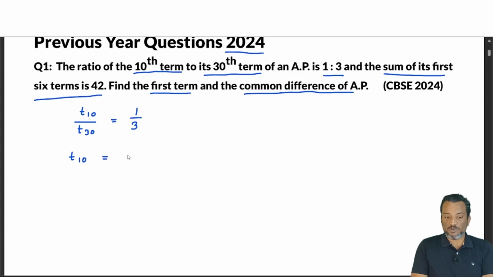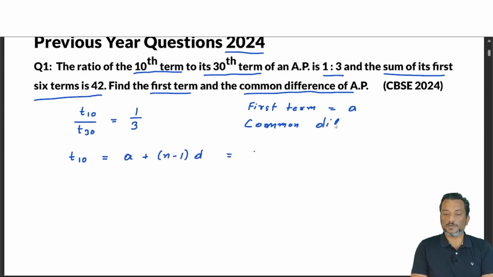You know the general formula, A plus n minus 1 into D. The first term is not given, so we take the first term as A and the common difference as D. For the 10th term, n is equal to 10, so A plus 10 minus 1 into D, and you get the first equation, A plus 9D.